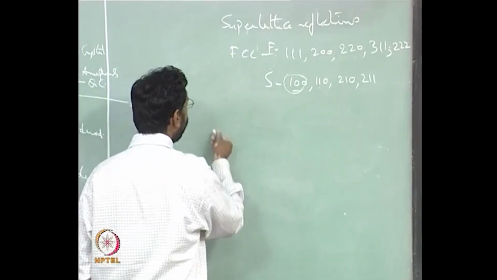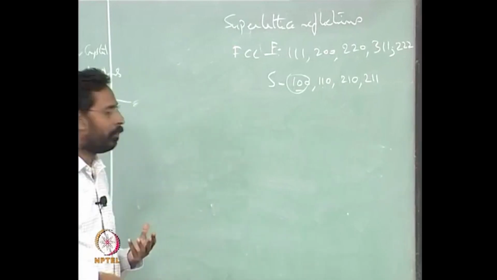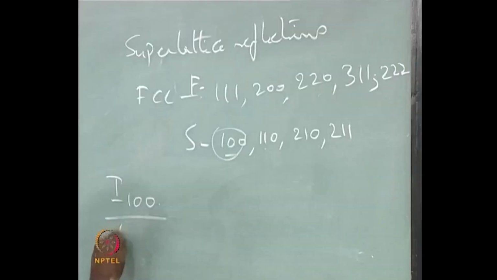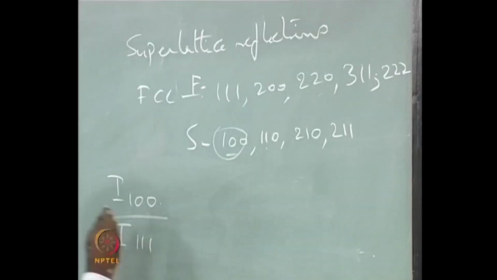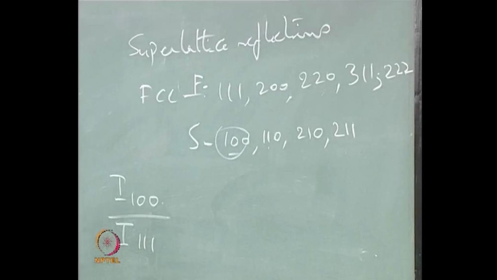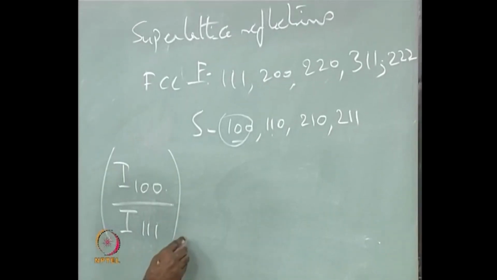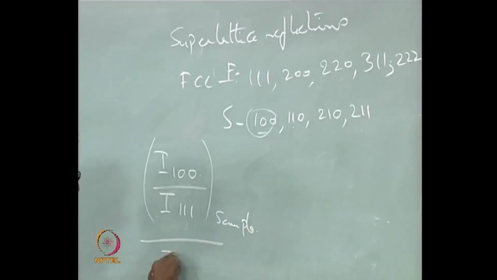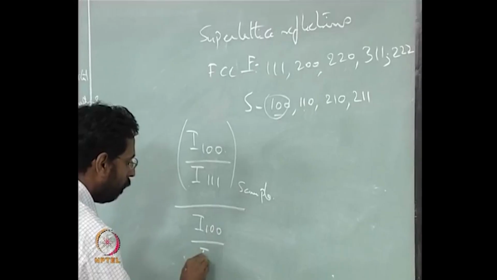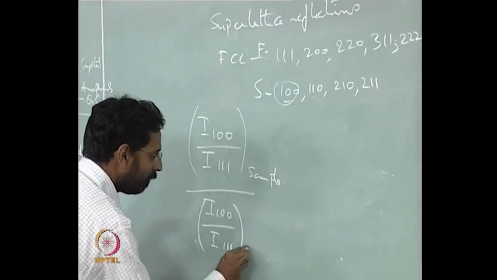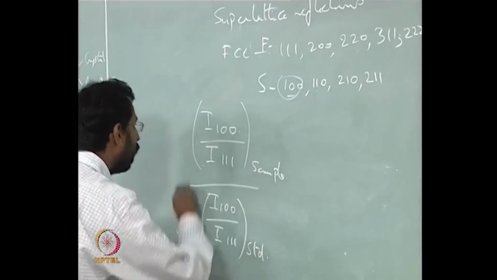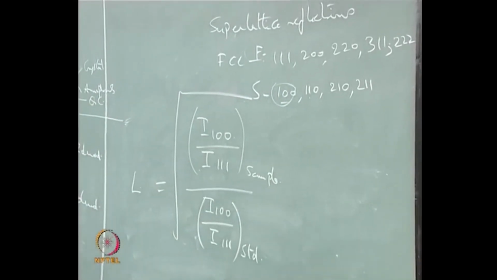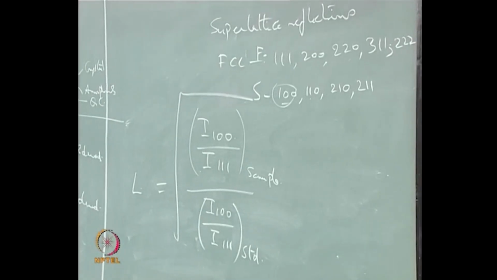And so basically take your material, find out what is the intensity of the 100 peak and take it as a ratio of the intensity with respect to the 111 peak, which is the most intense fundamental for your sample, divided by the I of the same peaks for the standard, and take the ratio of this, and square root of that is what is called the long range order parameter.